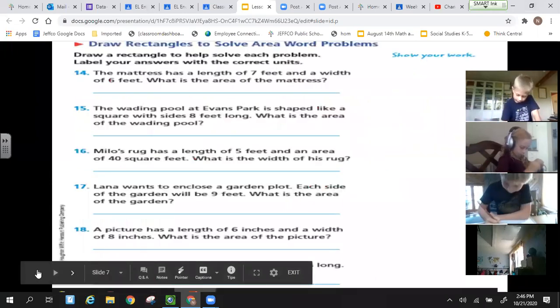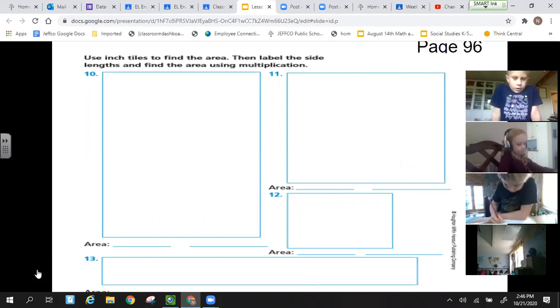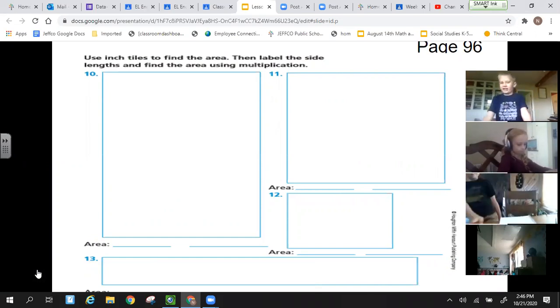Awesome. Okay, so we are going to look at page 96 in our workbooks. At home, Serna, give me 1 minute. I'll be right there. If you can help her. In our workbooks, I have ripped out the page for us. At home, you guys might want to rip the page out because it's very difficult to do this work when it's in the book because it falls all over the place.